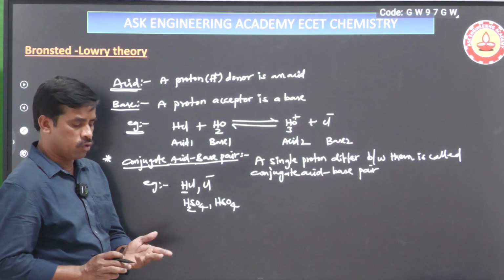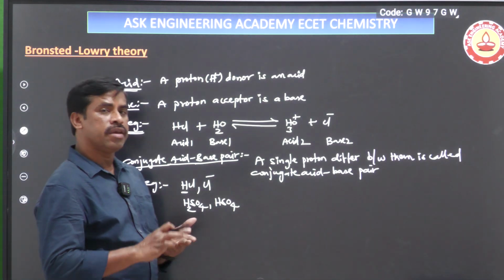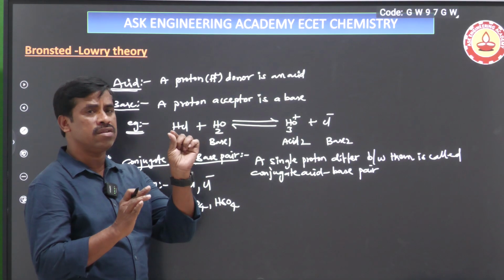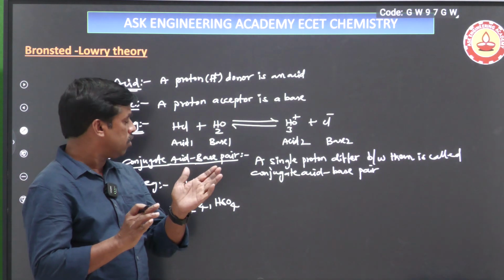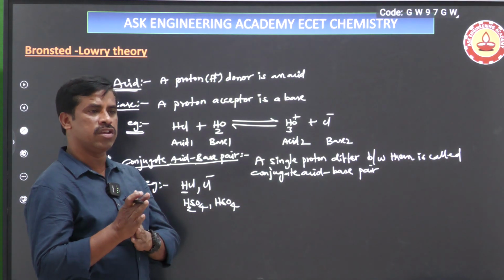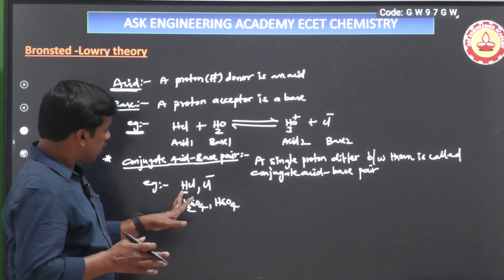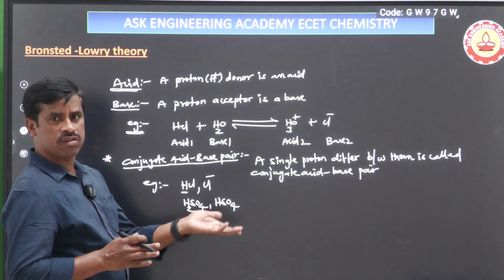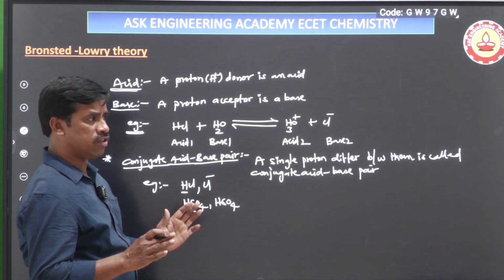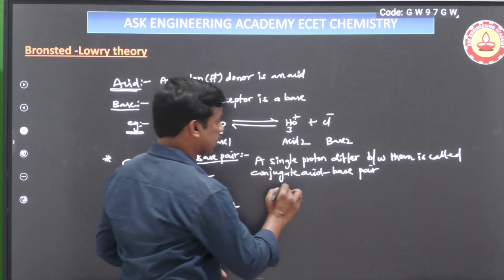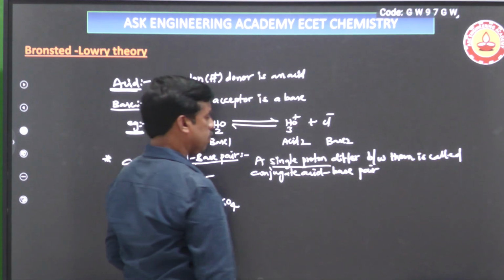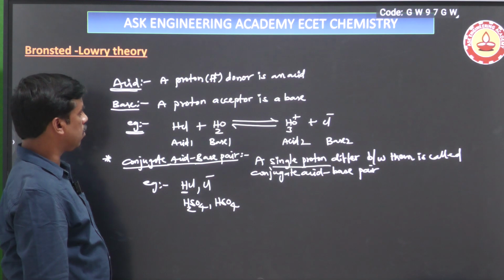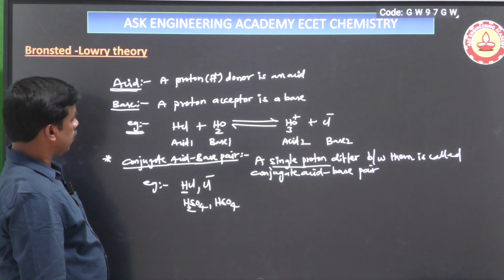You simply remember: in a conjugate acid base pair, one single proton differs. If two protons or three protons differ, that is not a conjugate acid base pair. Only a single proton differs, then it is said to be a conjugate acid base pair.